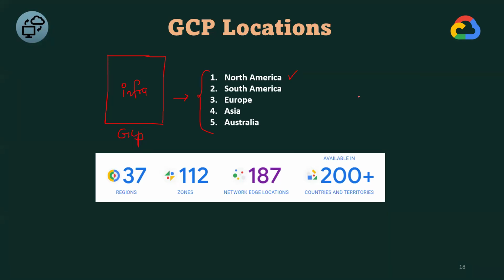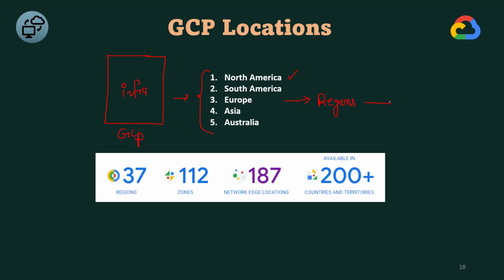That is why they divided this entire infrastructure into multiple locations, so that some resources are available at the North America data center, and some at the South America data center. Each of the 5 locations has a set of resources in its own data centers. These locations are further divided into regions.